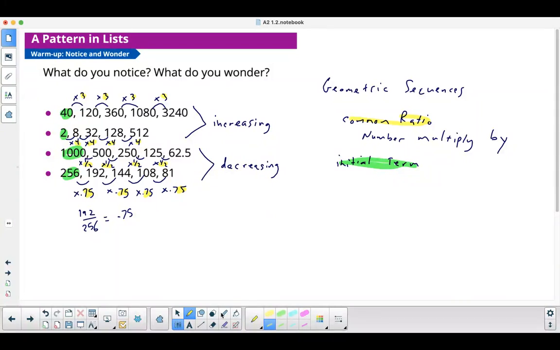A lot of times we call the common ratio R, and the initial term we call A1 or F1 or whatever you want to use to name your function. But it's the first term, A1 usually.